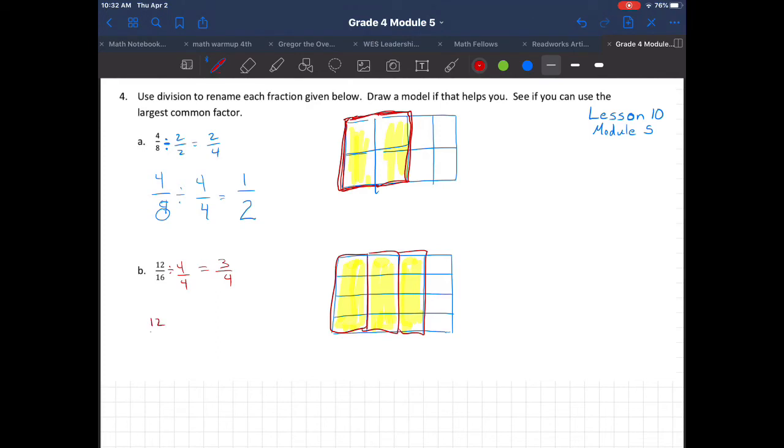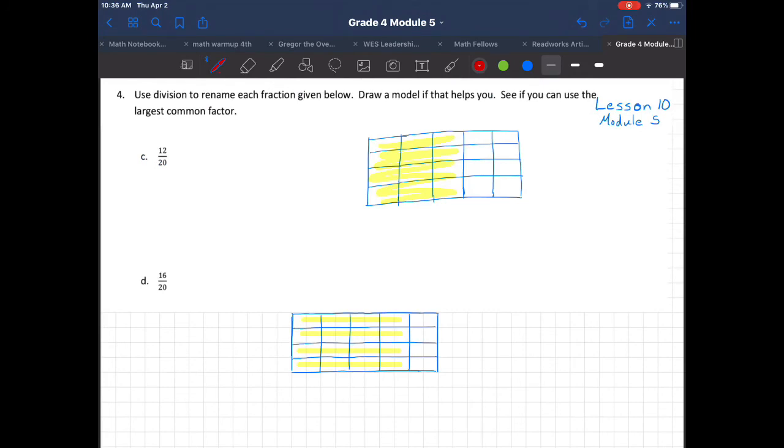Give me 3/4. Now if you did something like 12/16 divided by 2 over 2, and you have 6/8, that is also an equivalent fraction. So still correct. We've just got even simpler as 3/4.